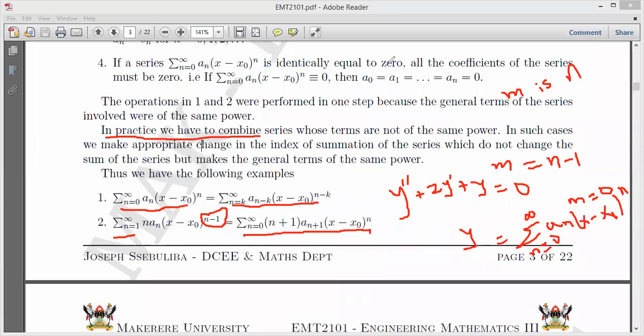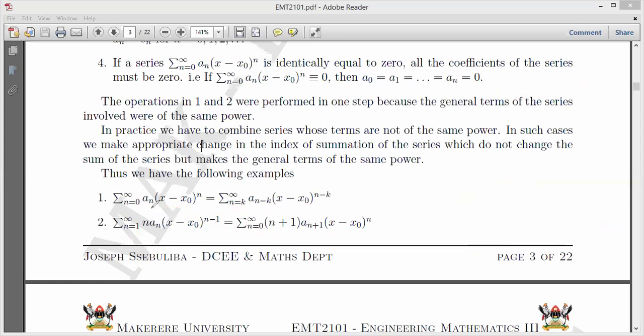I think I should first rub off this, for whoever asked you to follow what is going on. This here is exactly the same as this. Of course, there is a coefficient. The only difference is in the coefficient, which is n plus 1.